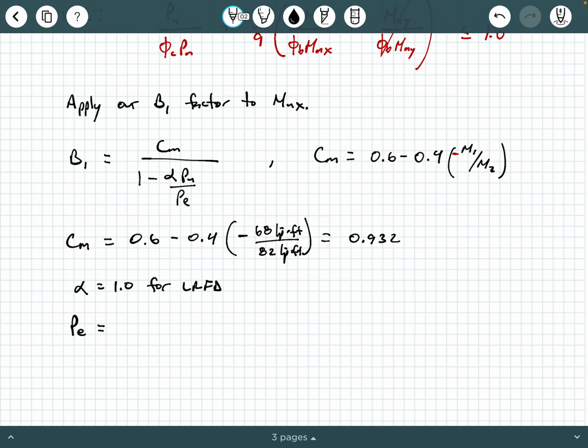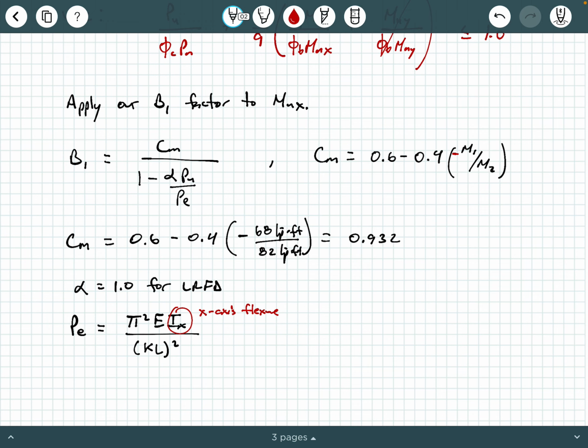P Euler is the Euler buckling force, but about the axis of bending, okay? So this is pi squared E times I sub x all over KL squared, okay? Now again, this is I sub x because we have x-axis bending, okay? X-axis flexure, okay?